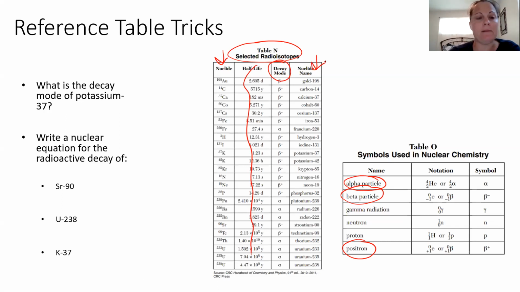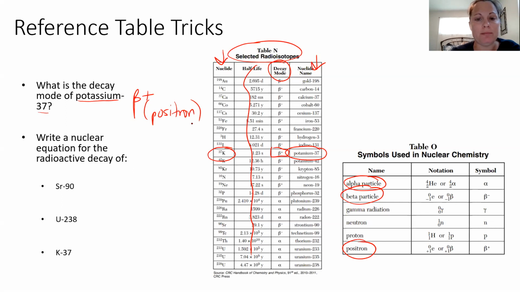So for example, I might ask you a question, what is the decay mode of potassium-37? I find potassium-37, K-37, or I could look up potassium-37, and the decay mode is B+, which is positron decay.